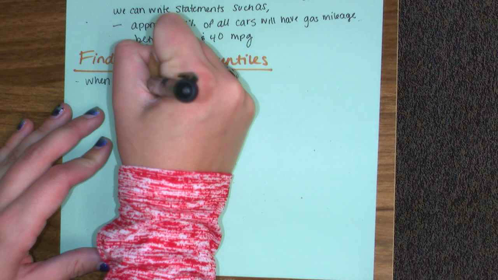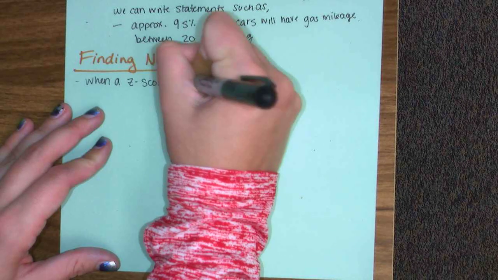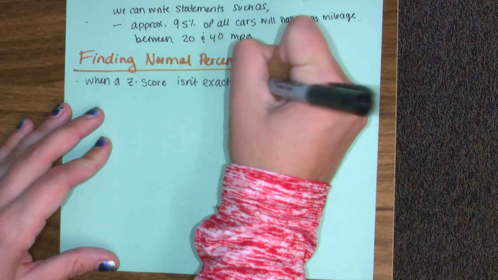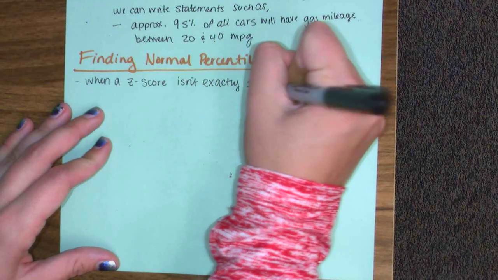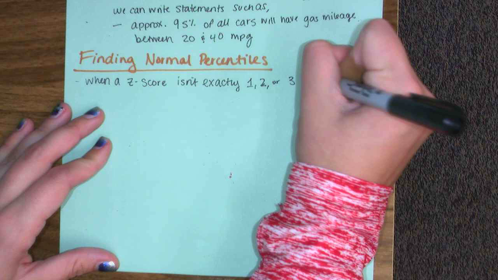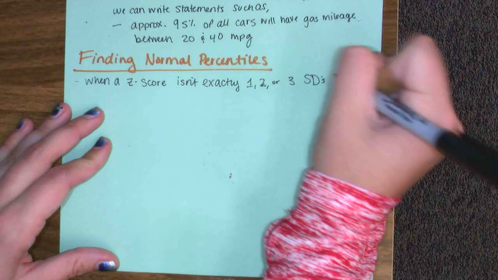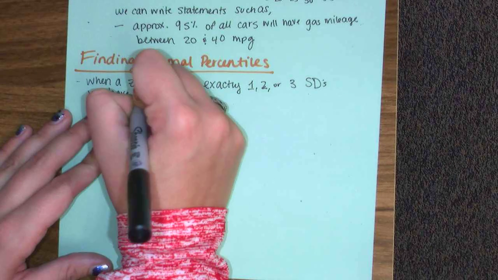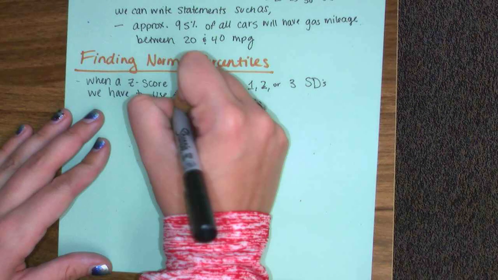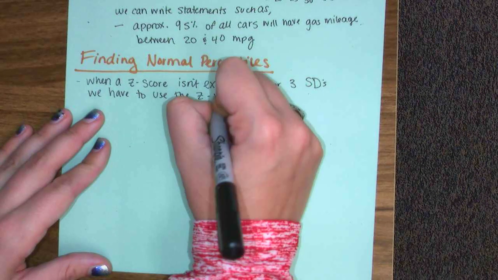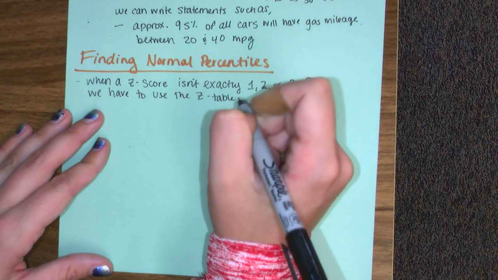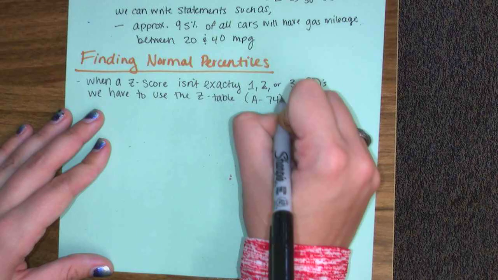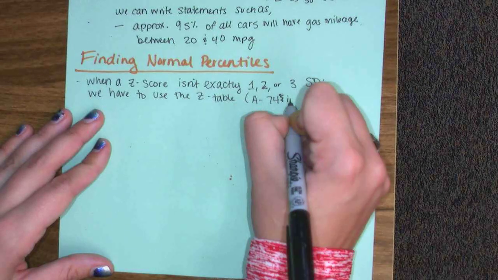When a z-score isn't exactly 1, 2, or 3 standard deviations, we have to use the z-table. I have to verify this is right, but it should be A74 in your book.